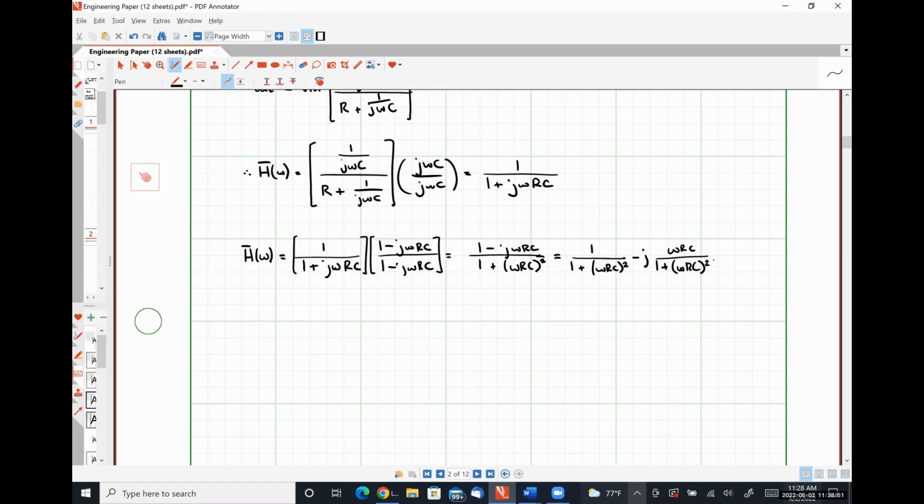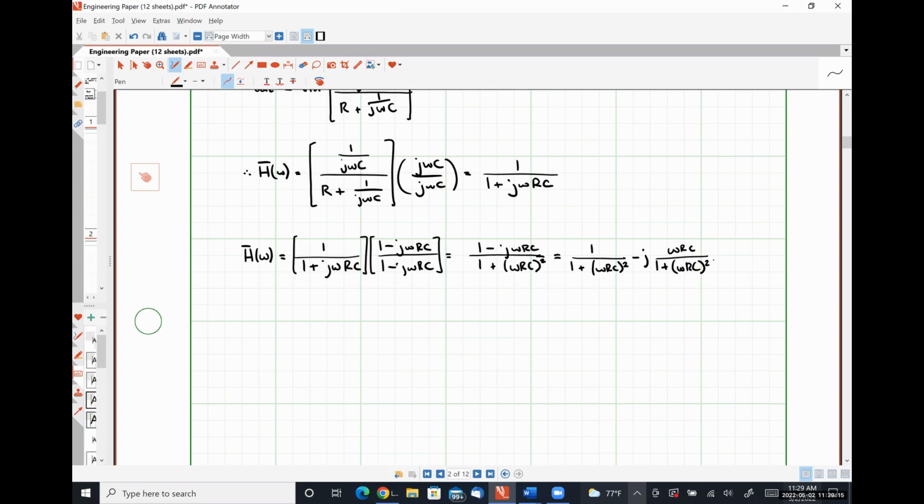We all okay with the complex math that I've done here? Anything seem particularly wild or crazy? All right, so I've broken our transfer function up into its real and imaginary parts.